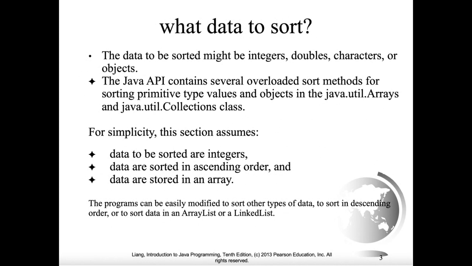So being able to sort data is important. The Java API itself provides sorting methods that you can just call and use to sort your list, or whatever data structure you want to sort.